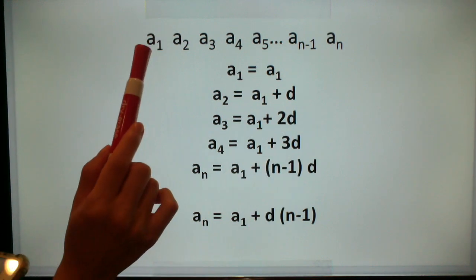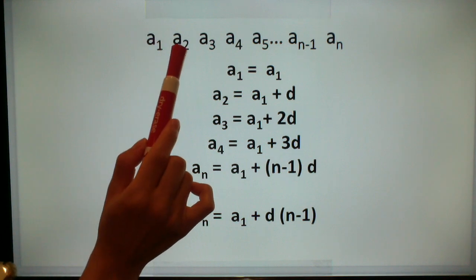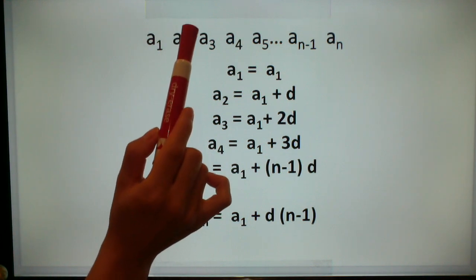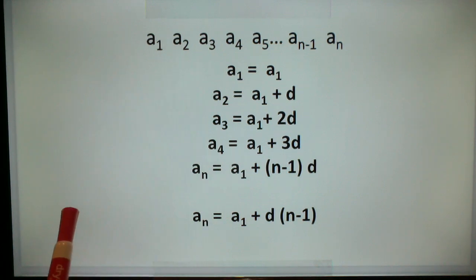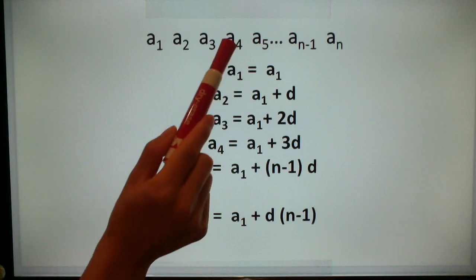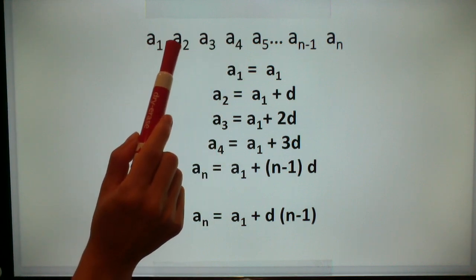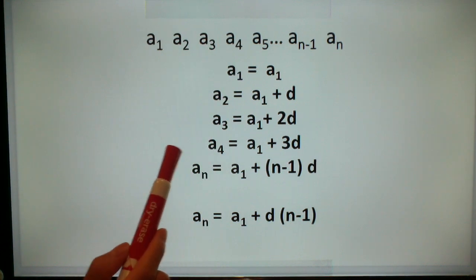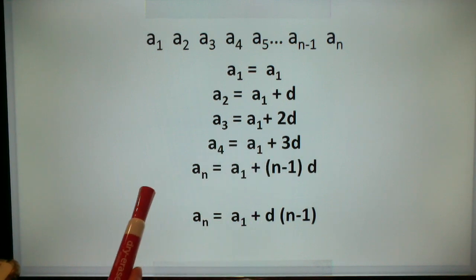So let's think about this. This is A1. If you add the common difference once, that will be A2. If you add one more D, which is the common difference, it will be A3, right? So if you want to know A4, from the first term A1, plus D, and another D, and another D, so you need to add 3D to find A4.